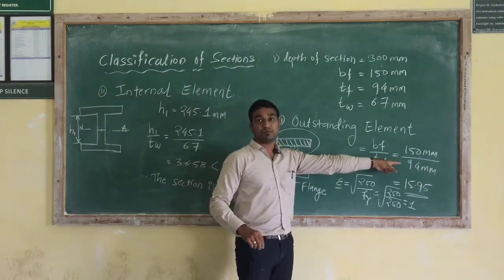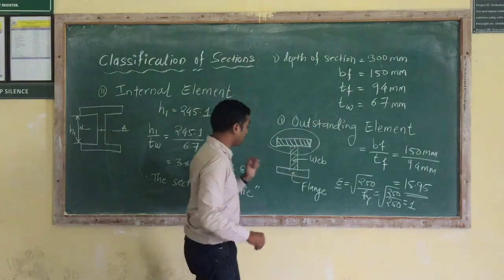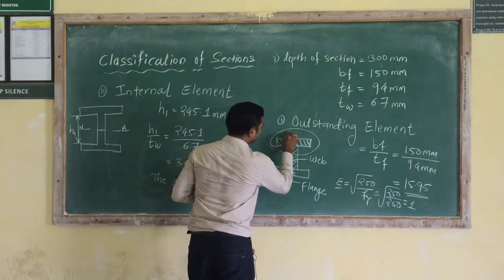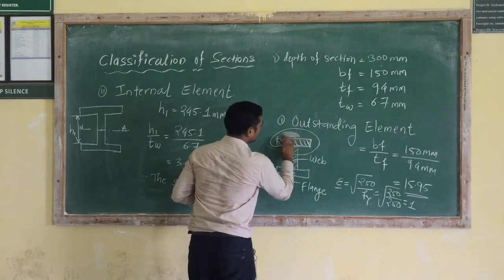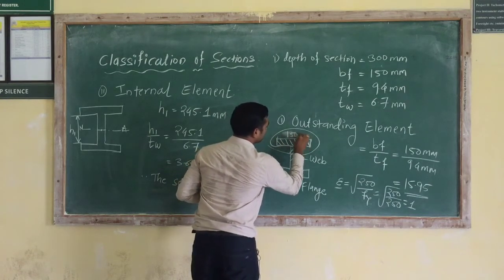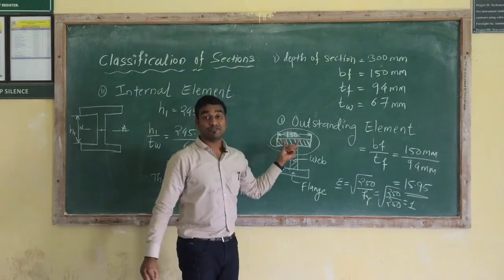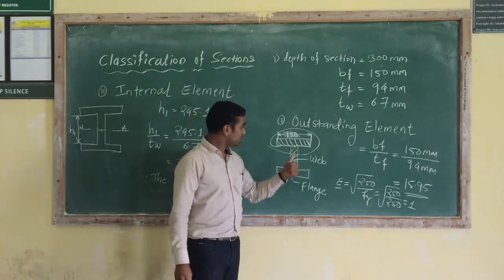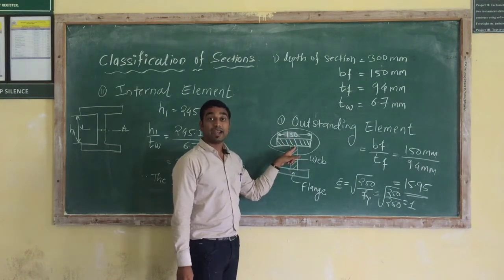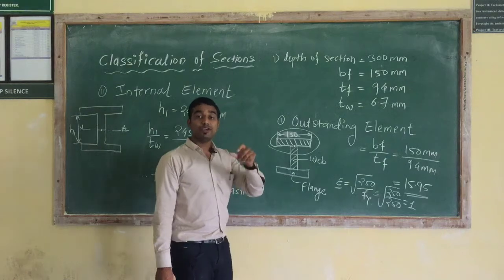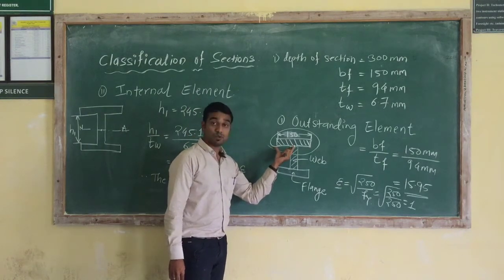Not this 150 mm as the full width of the flange. The total width of the flange is 150 mm, but this element is connected at the midpoint, so we have to take the value from the midpoint.